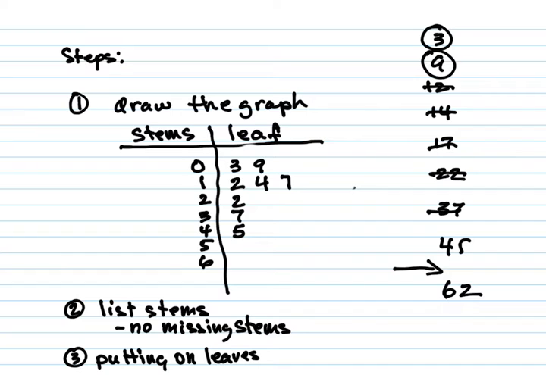No, because a 0 as a leaf would say that there was a 50 on my list. So I'm just going to leave it blank. If they don't exist, then the stem still exists, but it doesn't have any leaves. Don't put a 0 because that would imply that you have the number 50 on your list. Okay? And then 62 has a stem of 6 and a leaf of 2. And there's your stem and leaf plot.